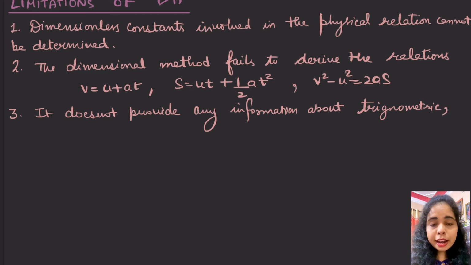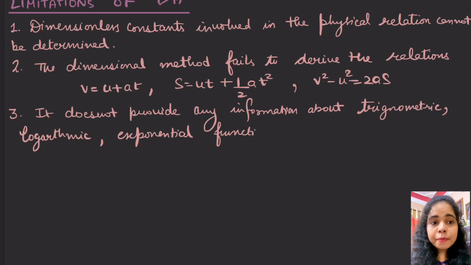So if we have an equation, or any kind of relation existing between physical quantities, in that case dimensional analysis fails to determine trigonometric, exponential, logarithmic, and various other complex quantities which are involved in that physical relation.